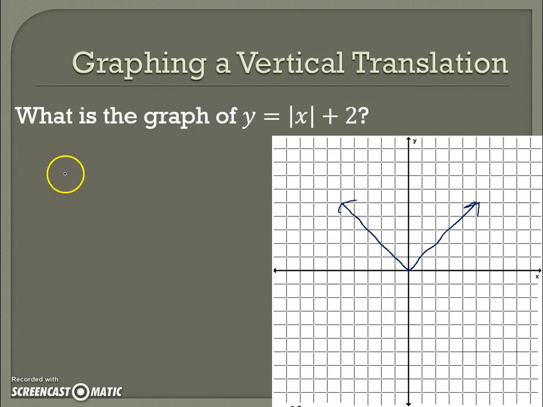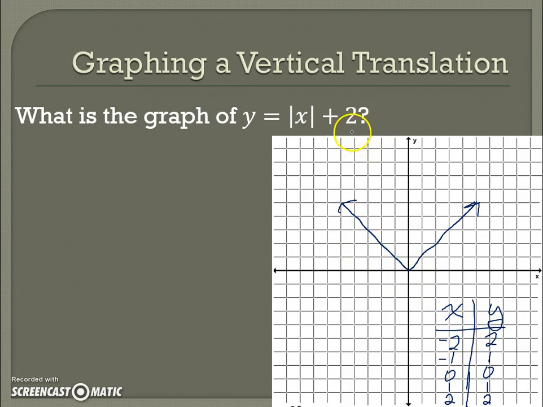If you think about what this looks like for an XY chart, if I put in just a couple values, negative 2, negative 1, 0, 1, and 2 very quickly. Well, the absolute value of negative 2 is 2. The absolute value of negative 1 is 1. 0 is 0. 1 is 1. 2 is 2. And so on. So this mirrors just y equals x, except it's going up the other direction. Whatever the x value is, it's the positive version of that.